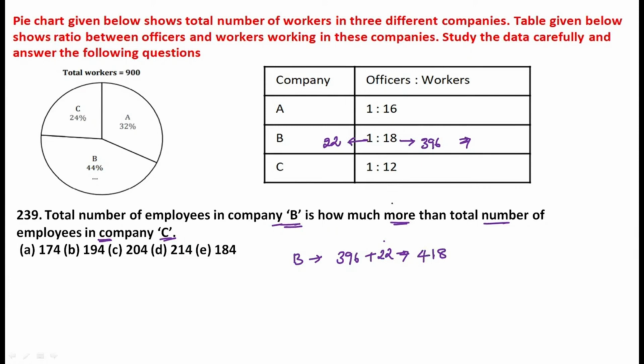In the same way for company C, 216 plus 18 is 234. Now you have to find the difference: 418 minus 234 is 184. So the answer, the difference of those two numbers, is 184.